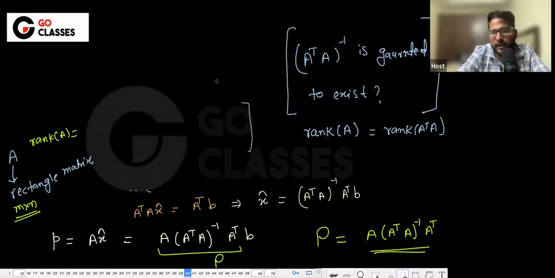If these are the n independent vectors, then rank of A will be n, right? Okay, great. So rank of A is n actually, right?